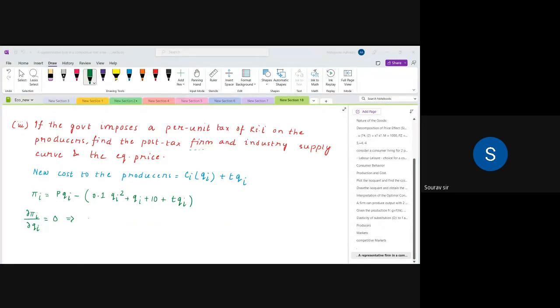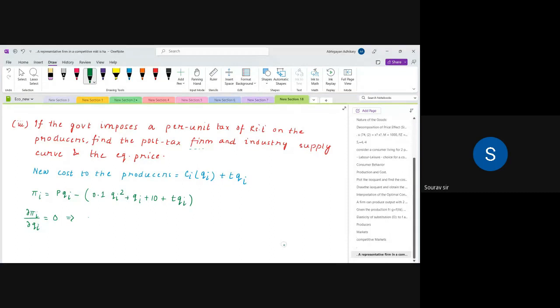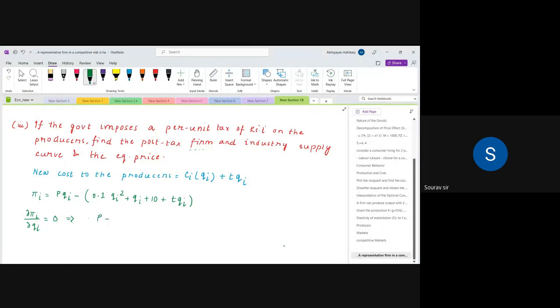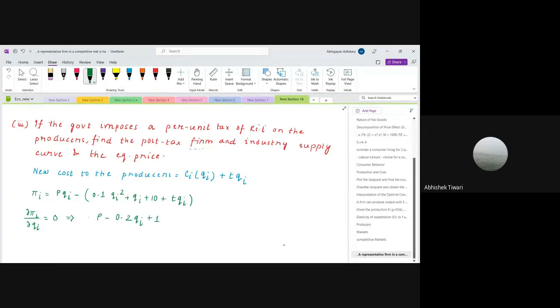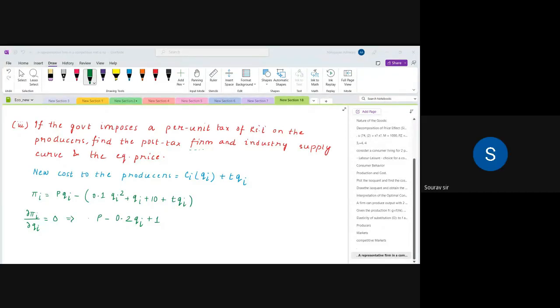Can anyone tell me what the derivative gives you on completing the differentiation? P minus 0.2 Q_i minus 1 minus T, equals 0.